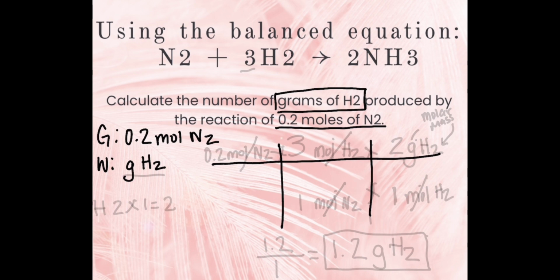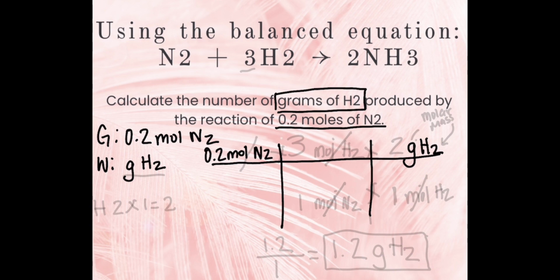In my given, I have 0.2 mole of N2. I always put that in that first left-hand corner box. Then in the very last box, on the top right-hand corner, I am going to have grams of H2, because that's what I want.